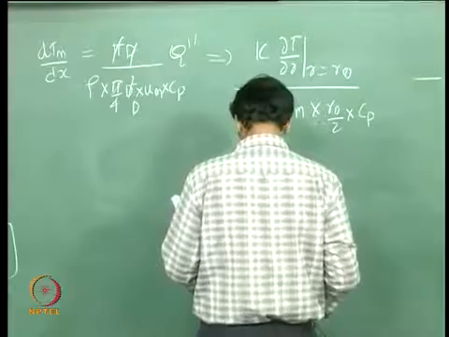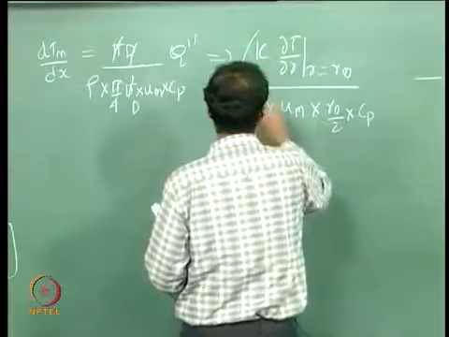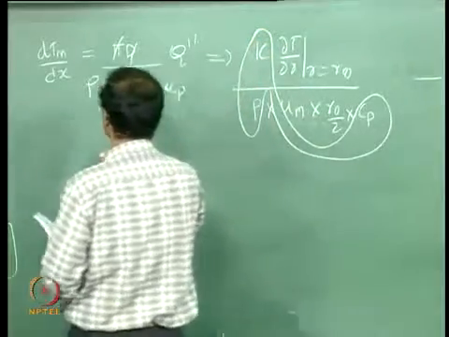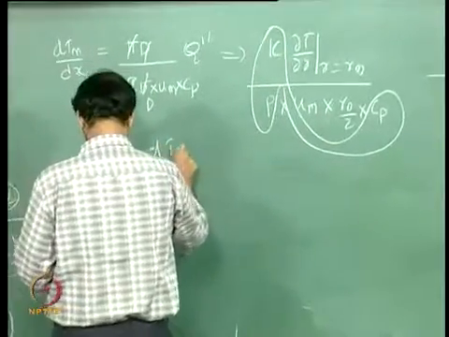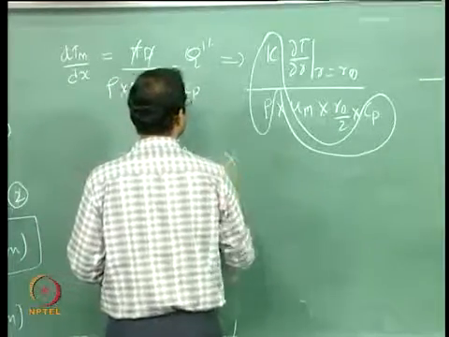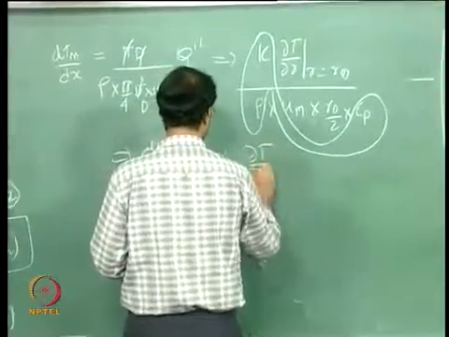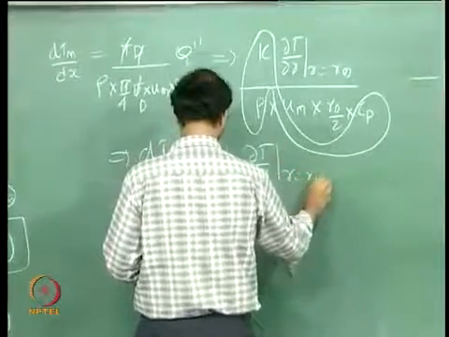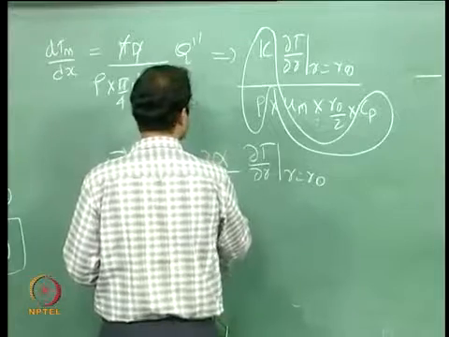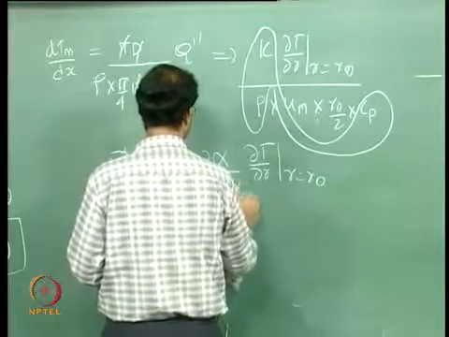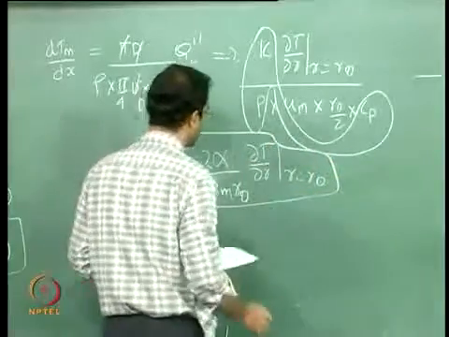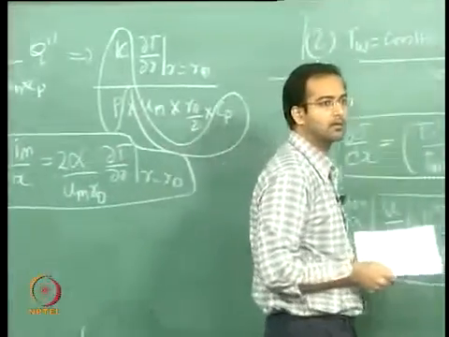So now I can club this as k by rho Cp. k by rho Cp is alpha, so this can be written as dTm by dx is actually alpha times dT by dr at r equal to r naught, divided by um r naught, with a factor of 2. So this is my expression for dTm by dx in terms of dT by dr at r equal to r naught.